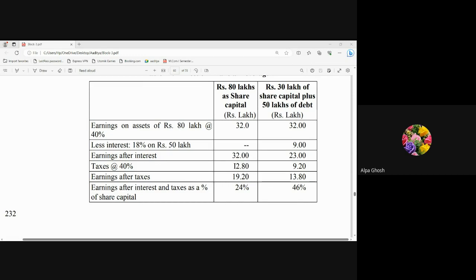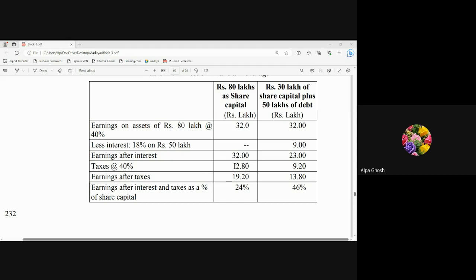When you compare this 13.80 with 30 lakh, the answer is 46%. They're enjoying profit of 46% against their investment. And in the first case, they are getting only 24% of profit against their investment.